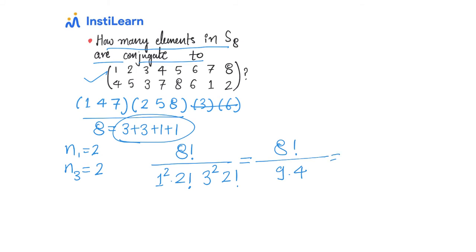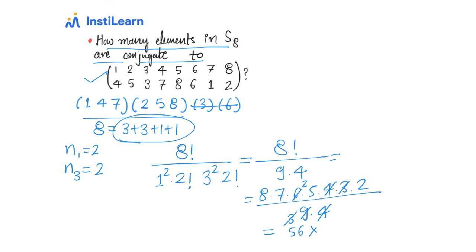So we write this number as 8 into 7 into 6 into 5 into 4 into 3 into 2 divided by 9 into 4. 4 cancels with 4, 3 cancels with 3, and this becomes 2. So then we see that it is equal to 8 times 7 is 56, and this is 10 times 2, 20.